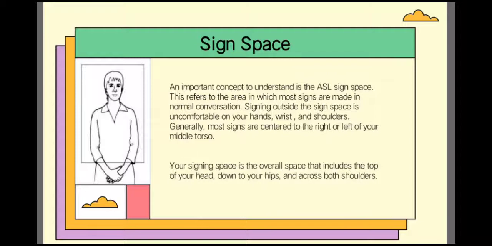Generally, most signs are centered on the right and left of your middle torso. Your sign space is the overall space that includes the top of your head down to your hips and across both shoulders.